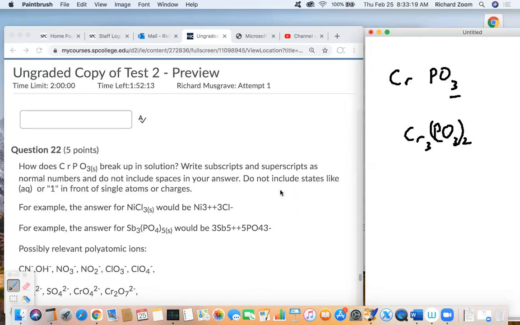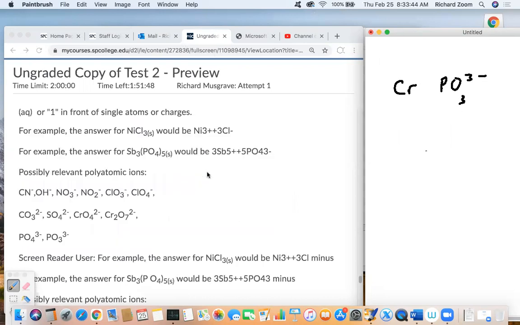I kind of like that question. It's a good one that really does illustrate well what's going on here. So the picture would be CrPO3. The charge is -3, and that's from the polyatomic ion that we see here, PO3 3-.